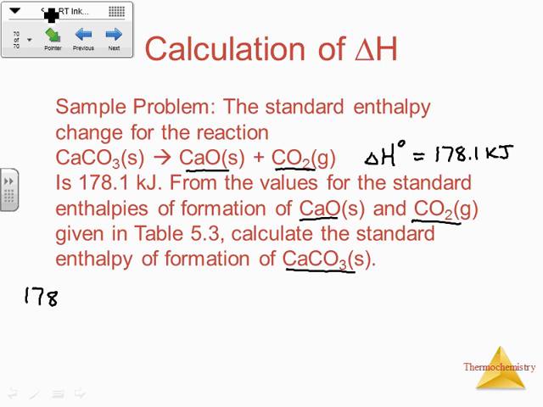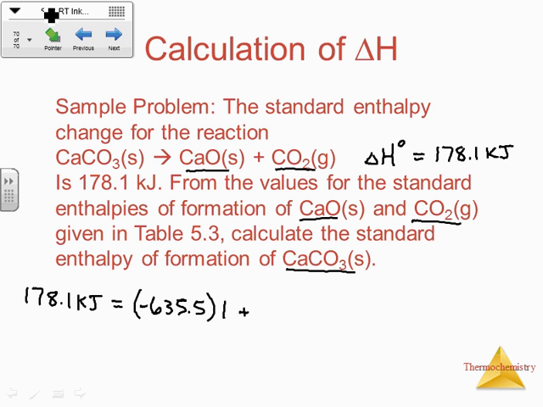So 178.1 kilojoules is equal to, and then we're going to set up our products minus reactants here that we've been doing. Okay, so CaO, we've got 1 mole of that, and the heat of formation for the calcium oxide is negative 635.5. And there's only 1 mole of that, so we're multiplying that by 1.